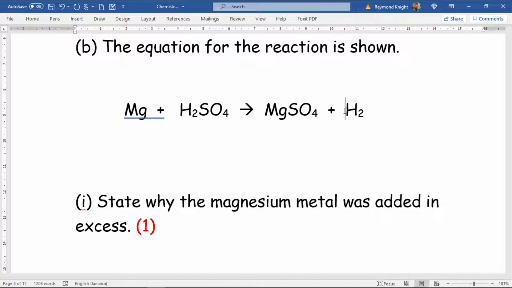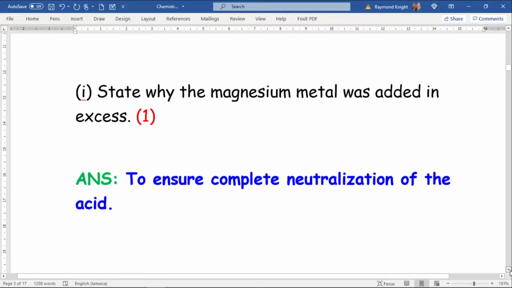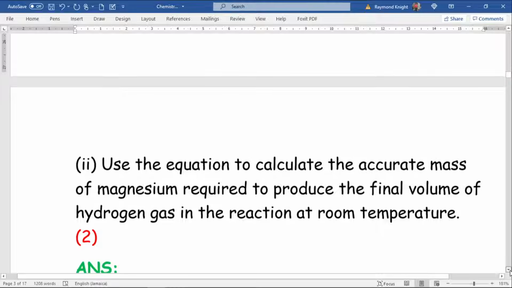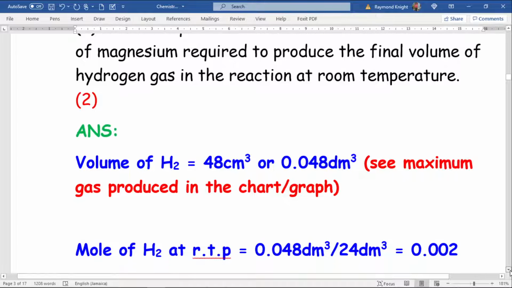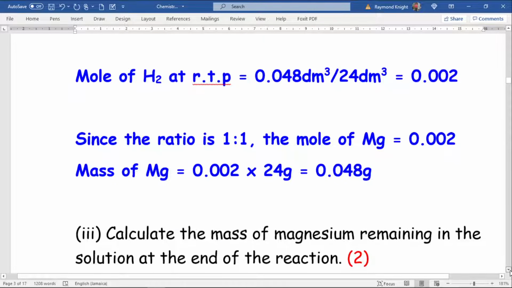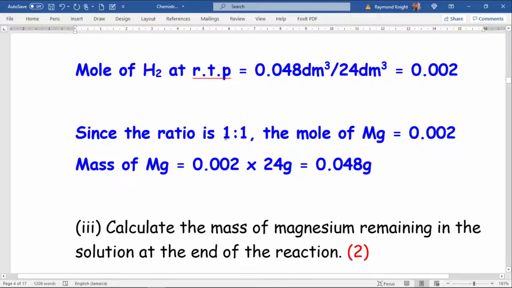So let's jump down and do the calculation real fast. In terms of the equation, the mole of hydrogen is 0.02. Since the ratio in this equation is a 1-to-1 ratio, the mole of magnesium is also 0.02.